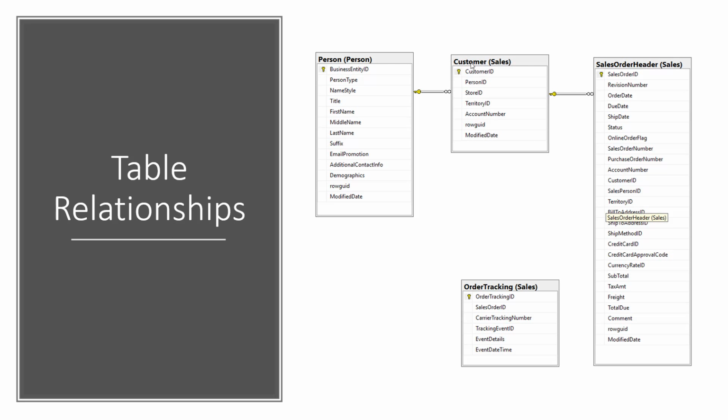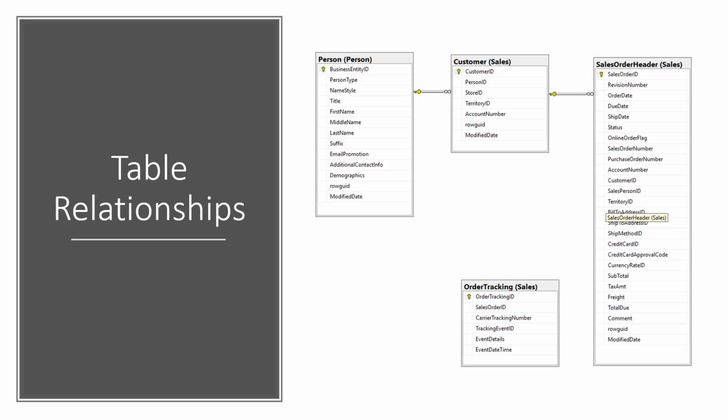And we will be relating the customer table to the sales order table using customer ID. So customer ID here will relate to customer ID in the sales order table. This query will return the order tracking ID, which will then be used to run another query so that we can get the tracking details information.